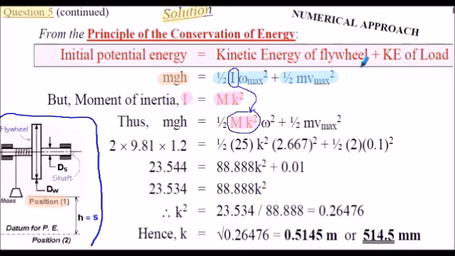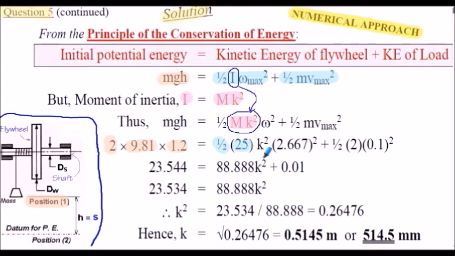So I'm using here what I term my numerical approach. I'm just going to now insert the numerical values into this line of the equation. So on the left hand side the mass on the hanger is 2 kilograms, g is 9.81 meters per second squared, and the height or the distance through which the mass has fallen is 1.2 meters. On the right hand side we have a half multiplied by the mass of the flywheel, that's 25 kilograms.